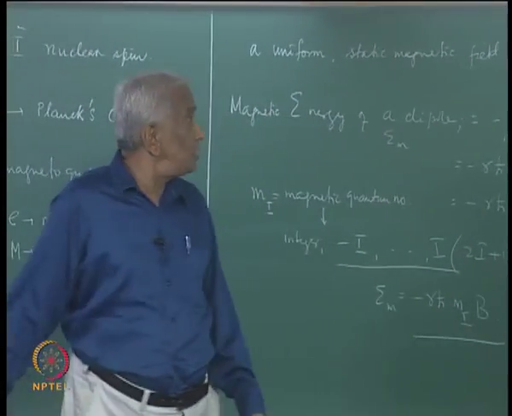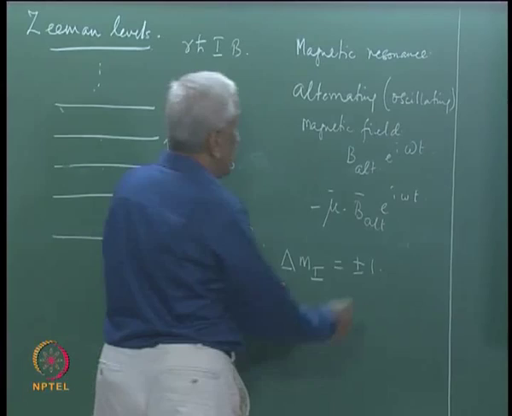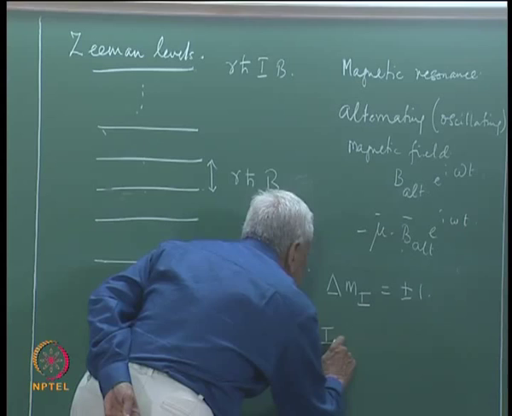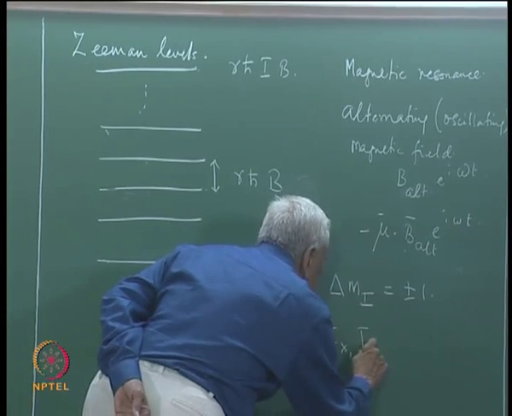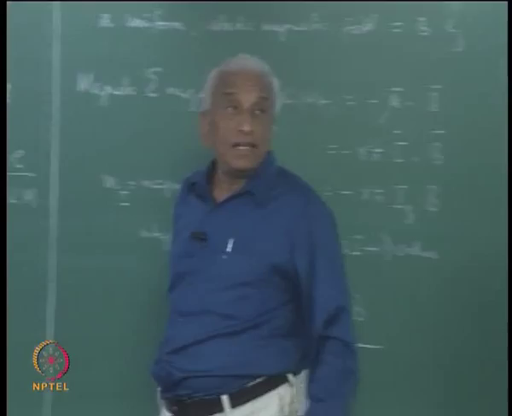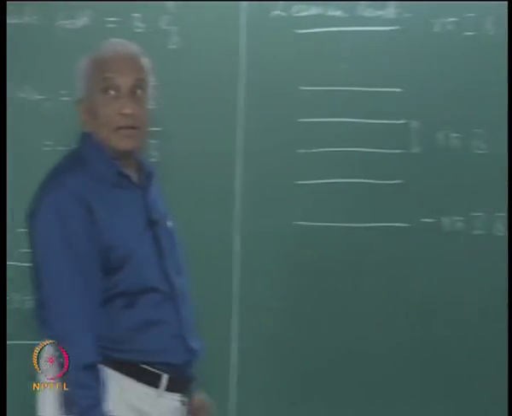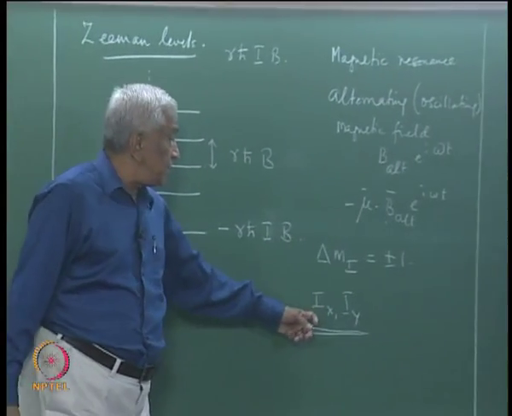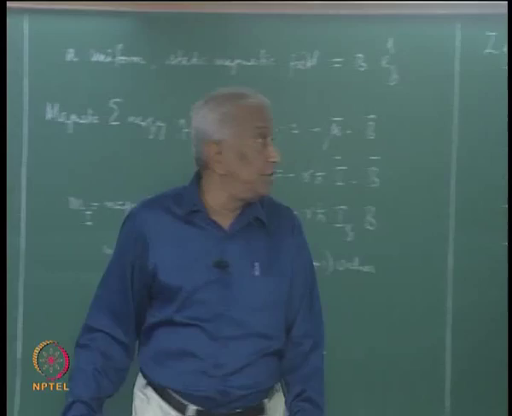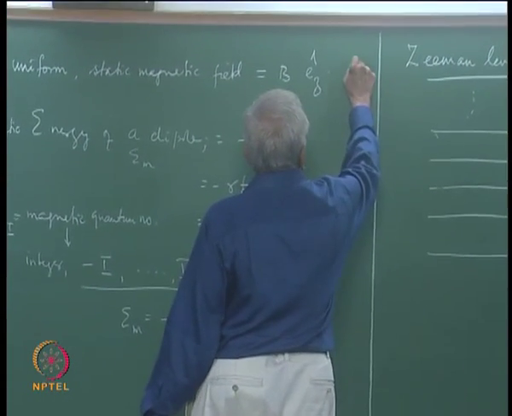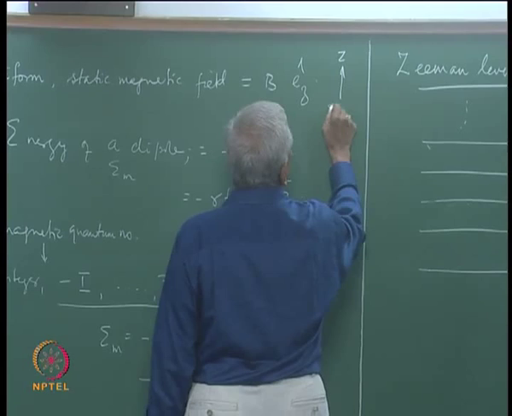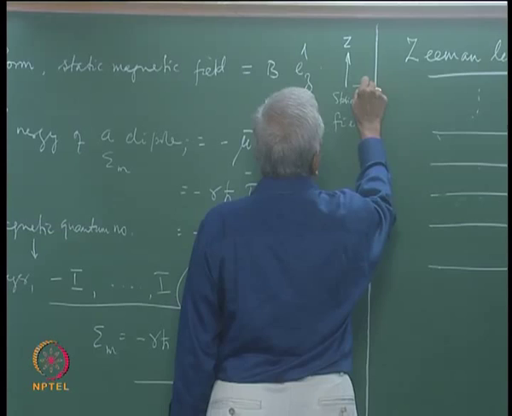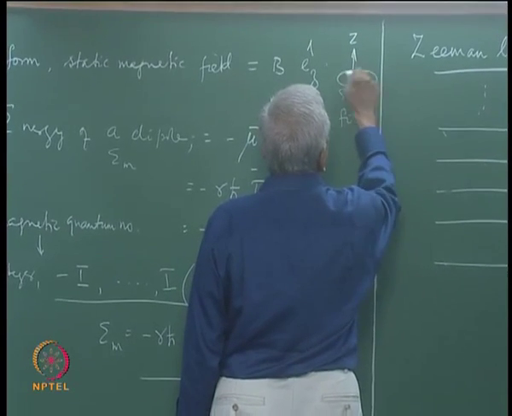So, the kind of Hamiltonian that will do this is only something which involves the Ix or Iy. If you have Iz, it will not induce transitions among them. So, one must have an alternating field which is directed along the x or y directions. If the applied static field is along the z direction, then the oscillating field has to be in the xy plane.